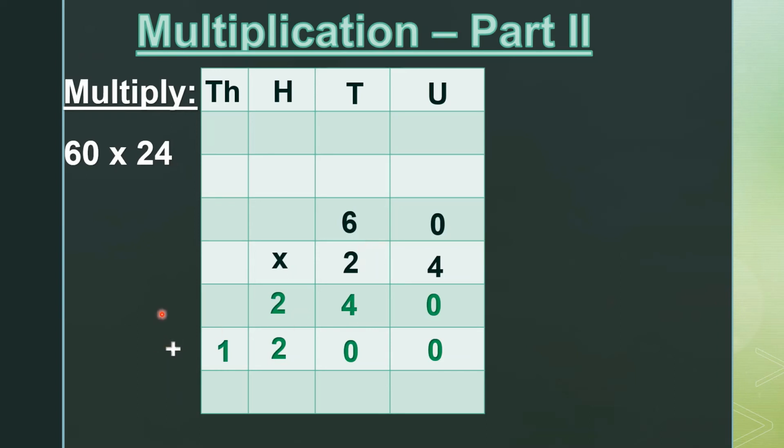Now we have to add these two numbers. 240 plus 1200. 0 plus 0, we get 0. 4 plus 0, we get 4. 2 plus 2, we get 4. 1 we write as it is. So 60 multiplied by 24, we get 1440.